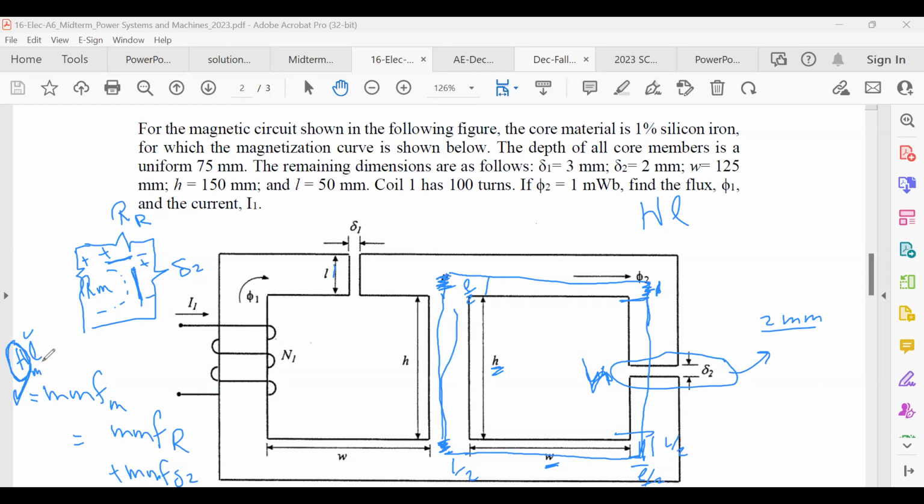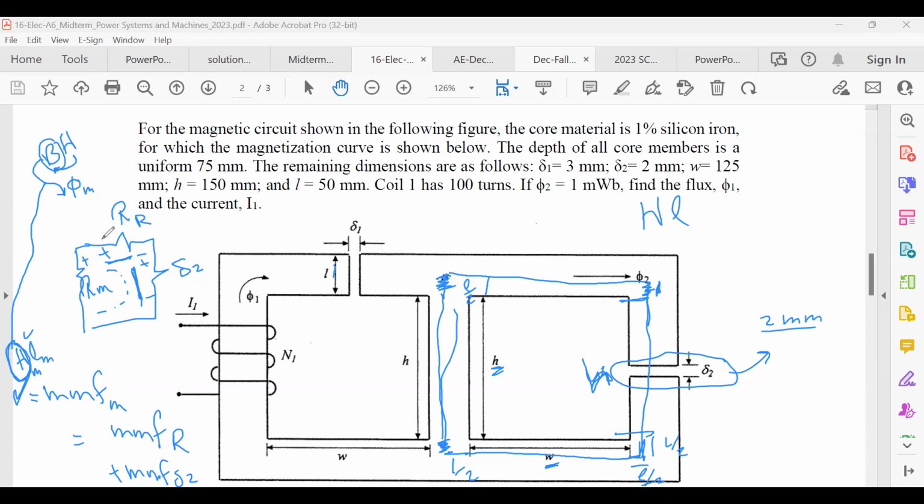You can call it HM because it's in the middle, right? Why are you calculating HM? Because I will go again to the BH curve. I have the H this time, so I can get the B. Why do you need the B? Because I can get the flux in the middle leg.